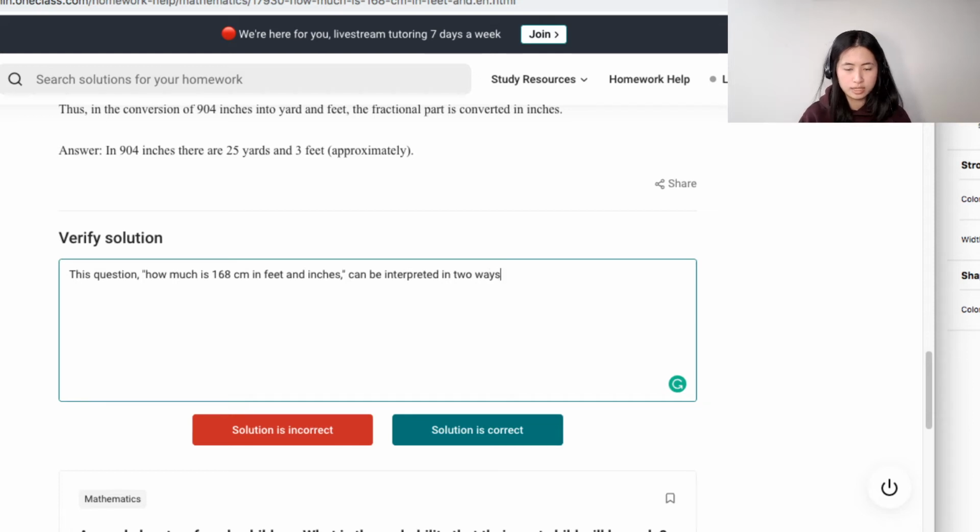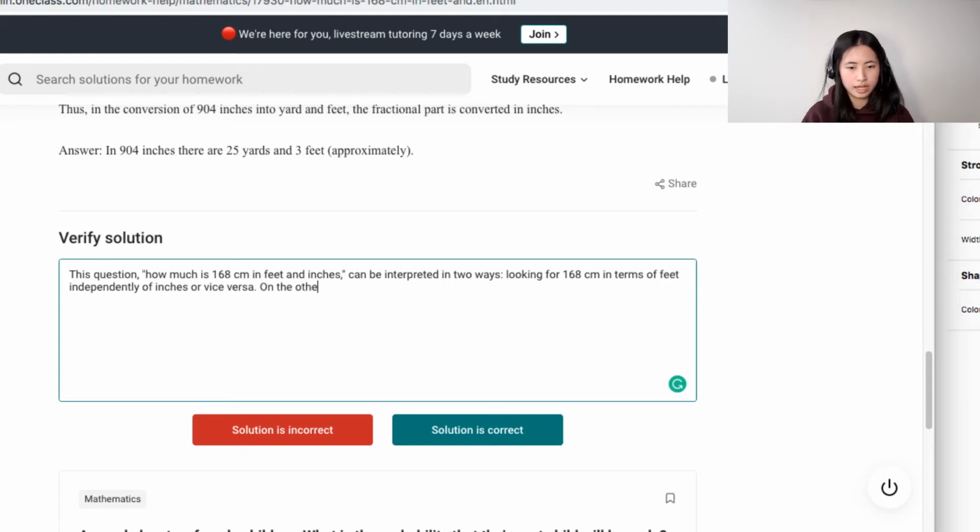In two ways. So it's either the first one, which I thought, looking for 168 centimeters in terms of feet and inches, which means it's two different units. Looking for 168 centimeters in terms of feet independently of inches, right? Or vice versa.